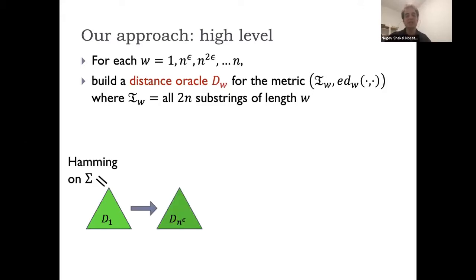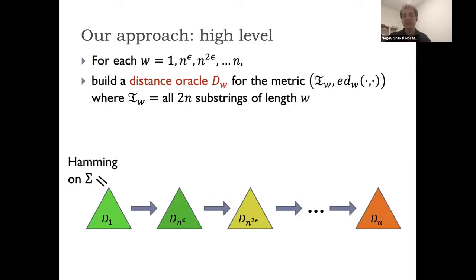And each time we use the previous distance oracle to build another distance oracle, until eventually we build a distance oracle for substrings of length n of the entire string. And then we simply output the distance between the n length substring of x1 and y1, which is simply the distance between the entire strings.